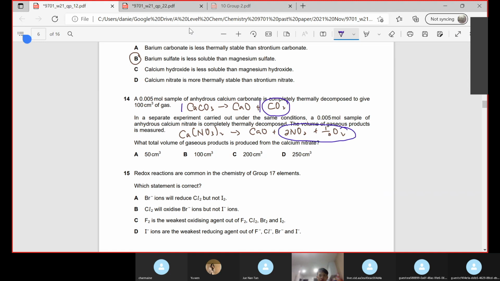These two. And what is the ratio? 1 mole to 2.5 mole, right? So given the same number of moles, 0.005, it should give us 2.5 multiplied by 100. So we will get 250. So this is how we solve the question.